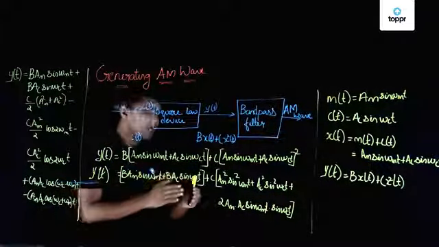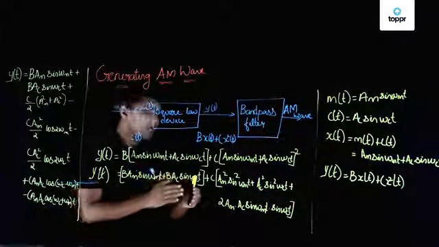So when we are simplifying by substituting those trigonometrical equations, we will be getting y of t as b Am sin ωmt plus b Ac sin ωct, which was already there, plus c by 2 (Am squared plus Ac squared) minus c Am squared by 2 cos 2ωmt minus c Ac squared by 2 cos 2ωct plus c Ac Am cos (ωc minus ωm)t minus c Am Ac cos (ωc plus ωm)t.